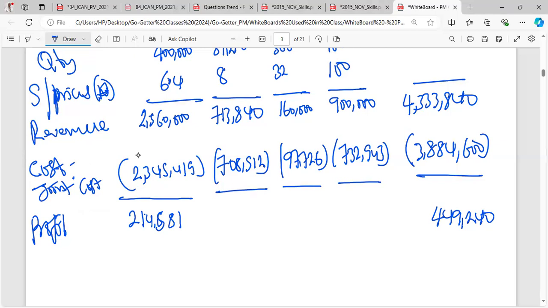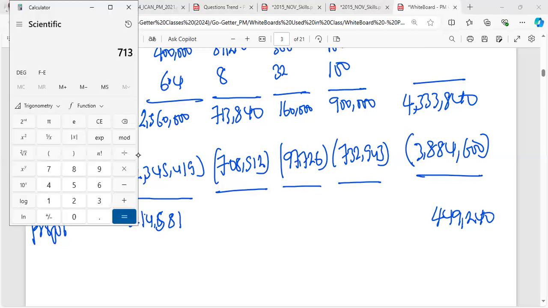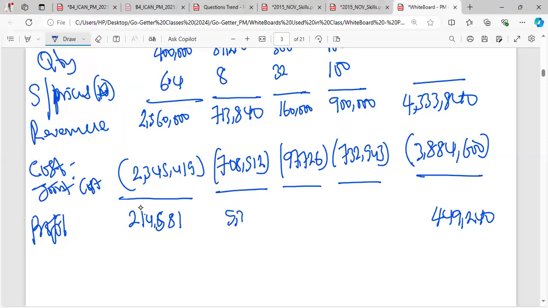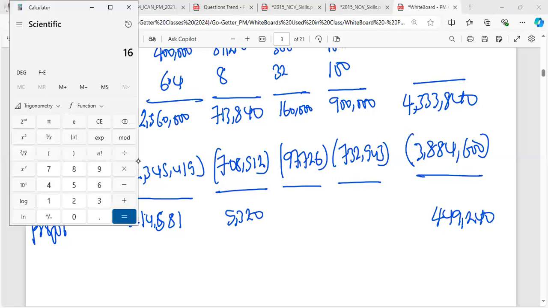Then we have 713840 minus 708512. This is 5328. The next one, 160,000 minus 97,726.